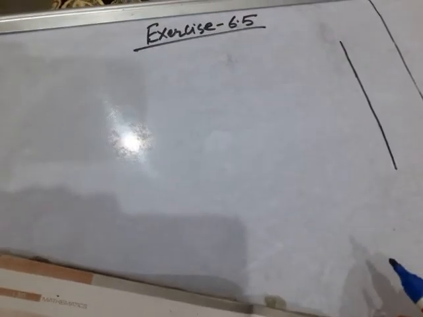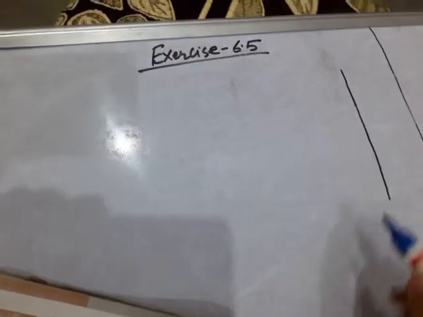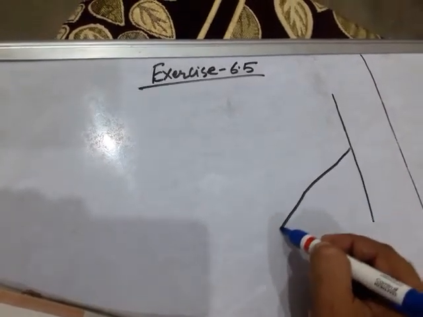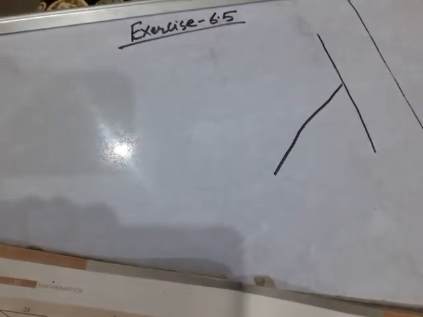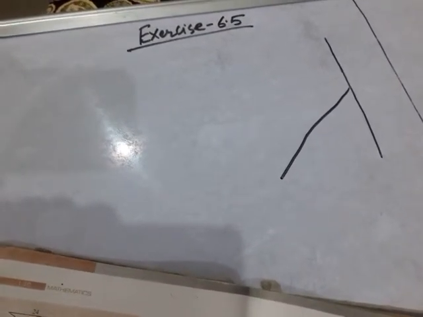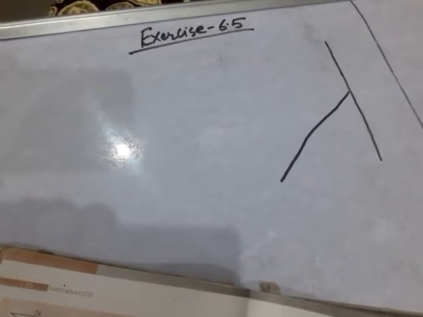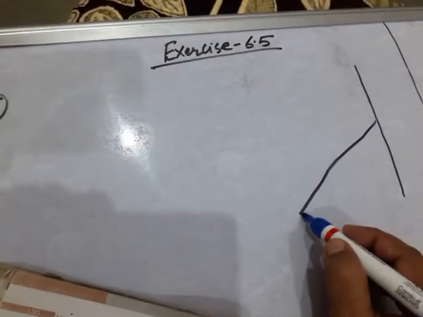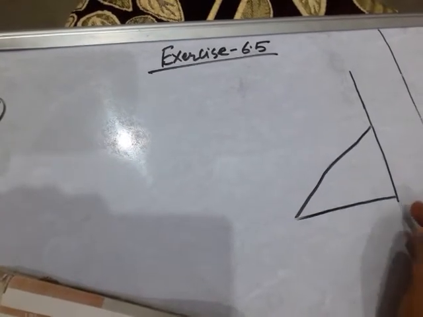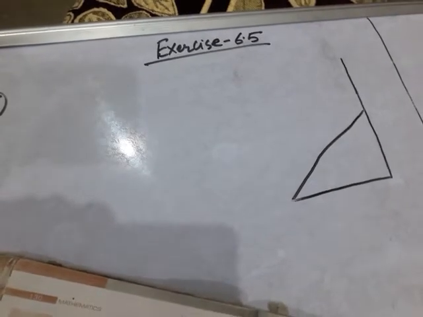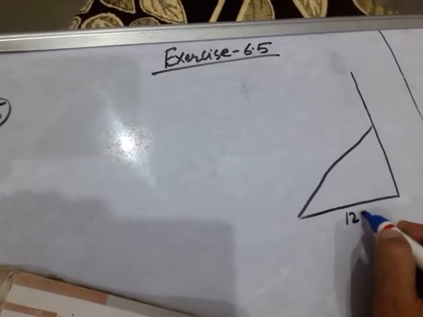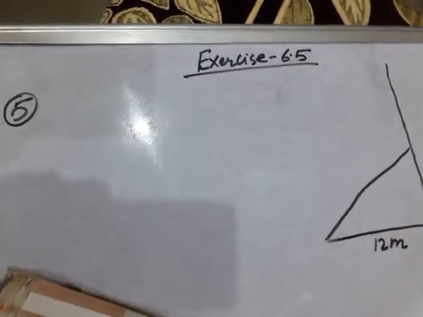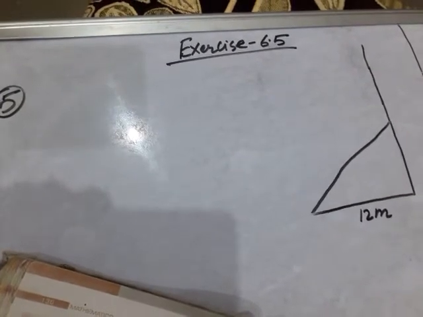A tree is broken at a height of 5 meter from the ground, and its top touches the ground at a distance of 12 meter from the base of the tree. That is 12 meter. Okay, children. Now see, then find the original height of the tree.